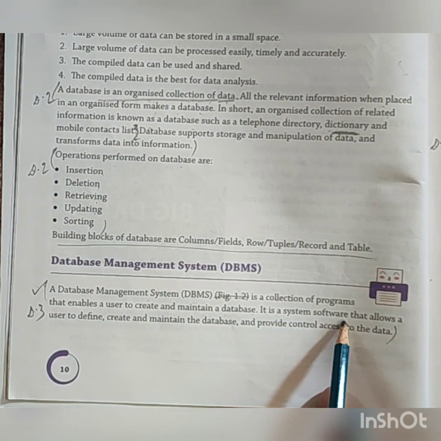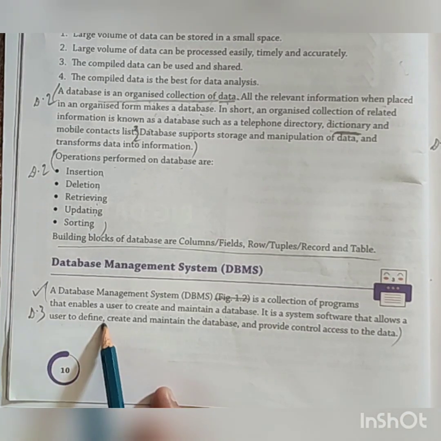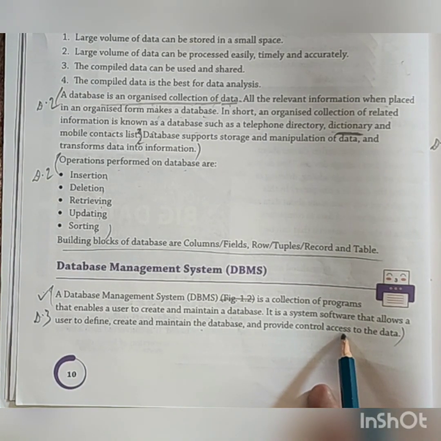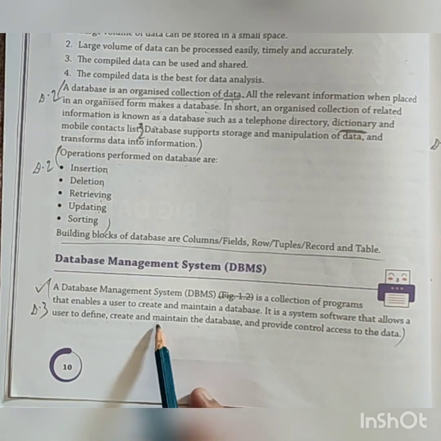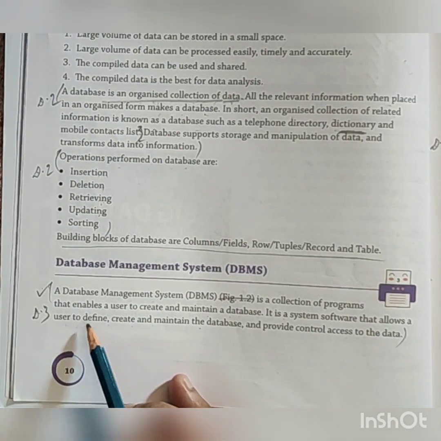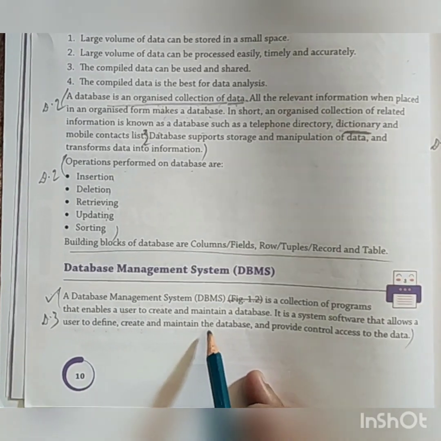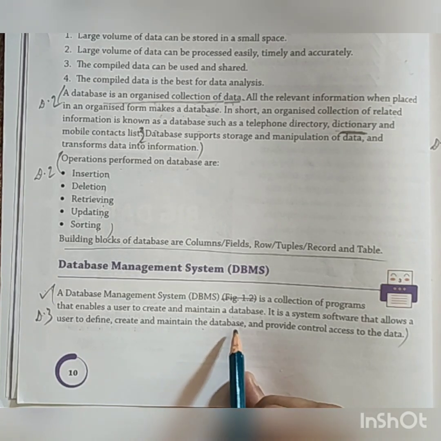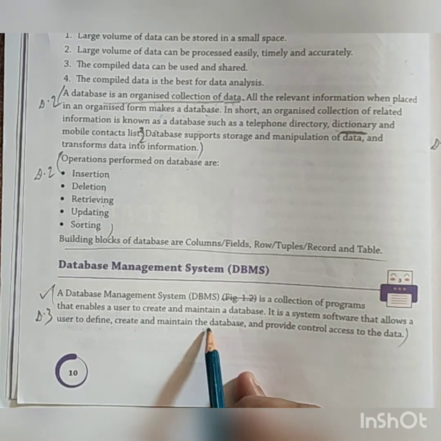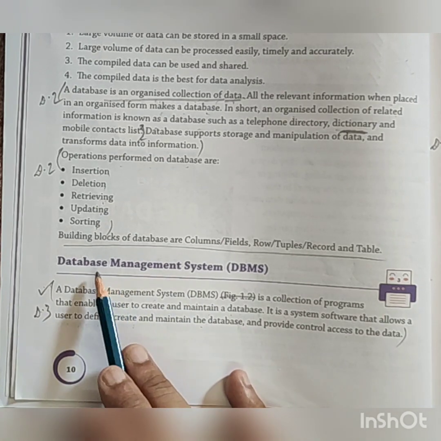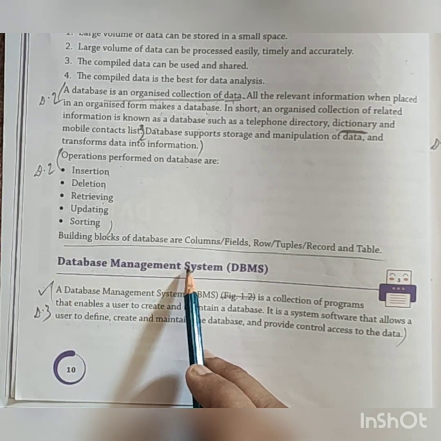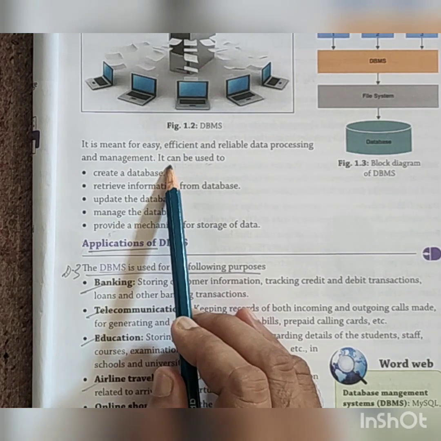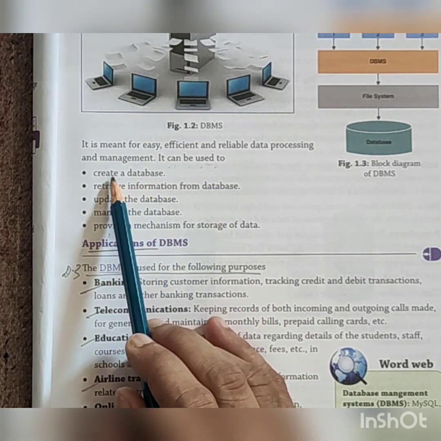It is a system software that allows a user to define, create and maintain the database and provides controlled access to the database. The main purpose of having a DBMS is to control and maintain the database. What is the use of it? You can create your own database.